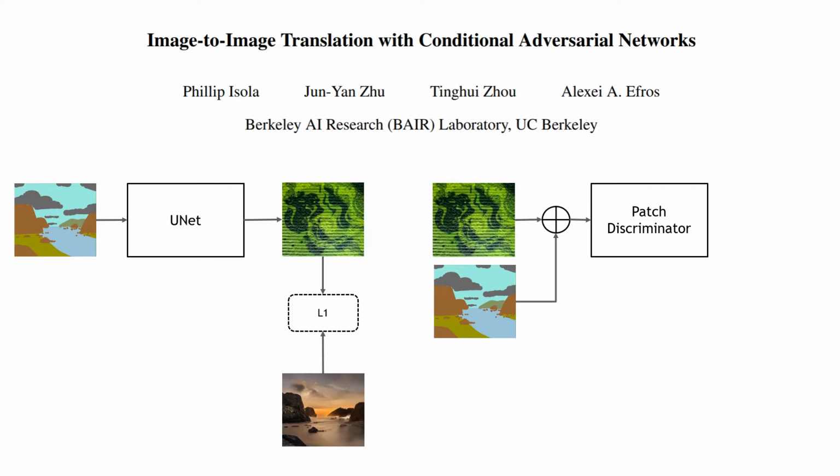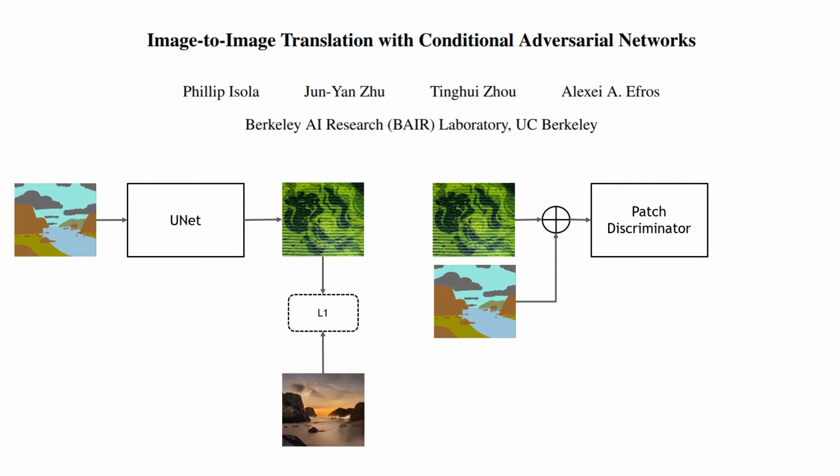Let's start with the seminal work, the image-to-image translation with conditional adversarial networks by Isola et al. This is the Pix2Pix paper. So they use a GAN framework, so they have a generator and discriminator. And what they do is they give an input segmentation mask.